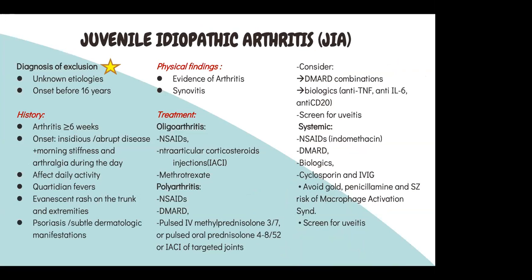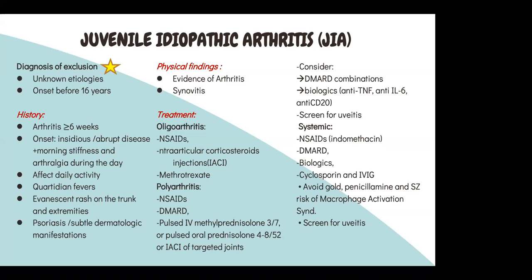Basically, to diagnose JIA is a diagnosis of exclusion after you have excluded other differential diagnosis through examination and also investigation. So in order for you to diagnose JIA, it needs to be of unknown etiology.